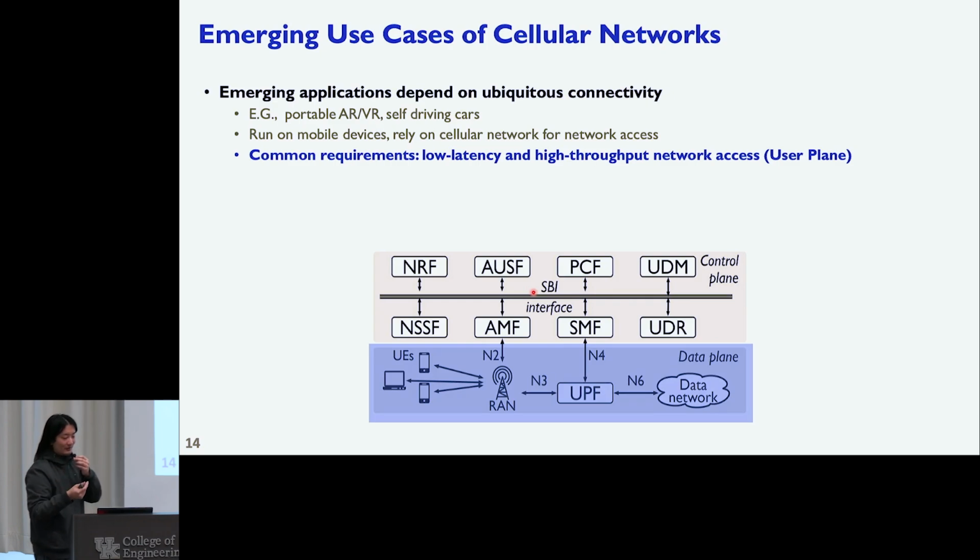And typical examples are portable AR, VR, and also self-driving cars, because it's not feasible to provide wired connectivity for these devices or applications to connect to the backend internet services. So they have to rely on the cellular network for wireless network access. But they have a common requirement, which is low latency and high throughput network access in the user plane, or the data plane.